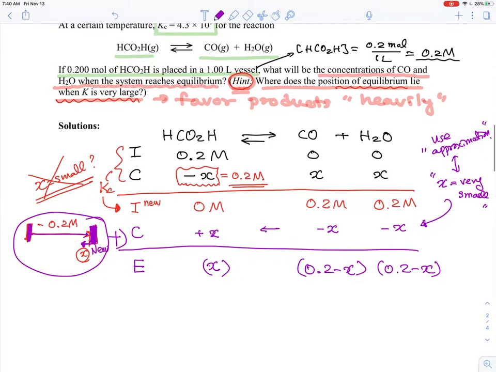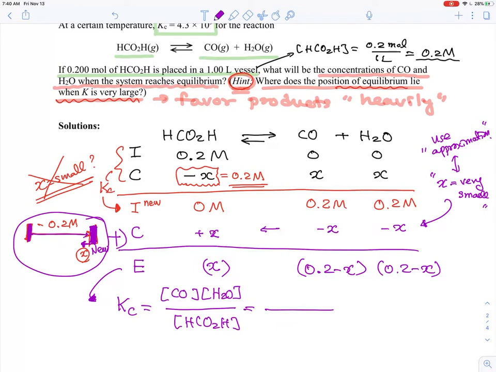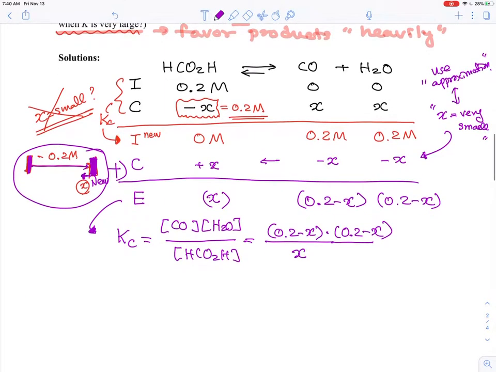At any rate, based on these concentrations, I can establish Kc, which is the formic acid concentration, the carbon monoxide concentration, and the water concentration. That will be x, and 0.2 minus x, and 0.2 minus x. And then here comes what I call the approximation.